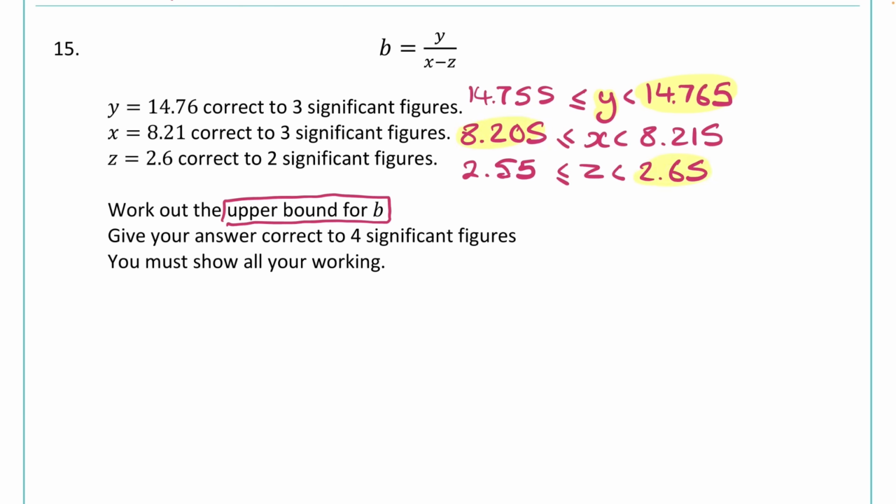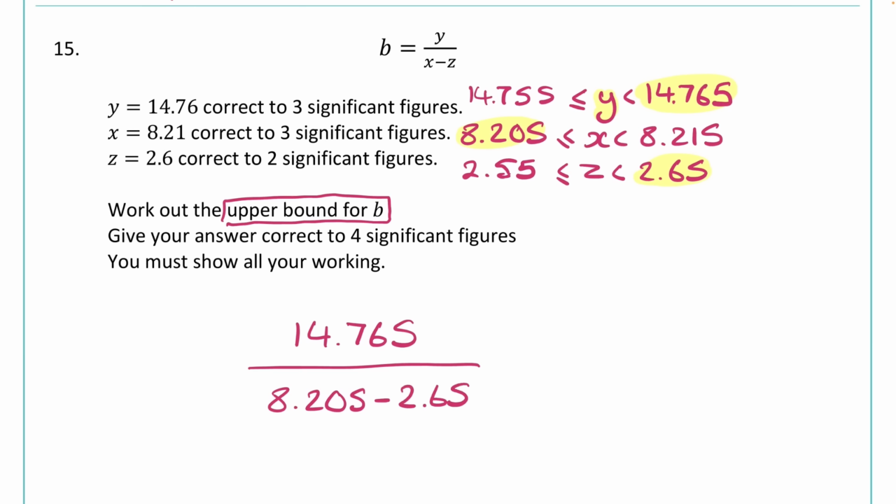That would give me the smallest possible number on the bottom there, on the denominator. So if we put those pieces in place for the upper bound, I have 14.765, and I'm going to divide that by 8.205, take away the biggest answer there to give me the smallest answer on the bottom. And there we go, I can type that all in one go. 14.765 over 8.205, take away 2.65.